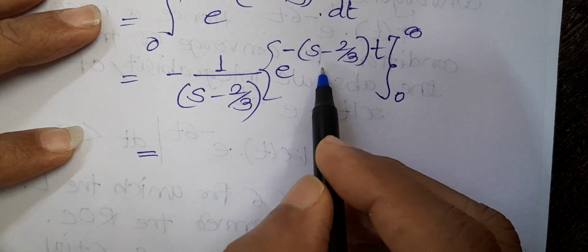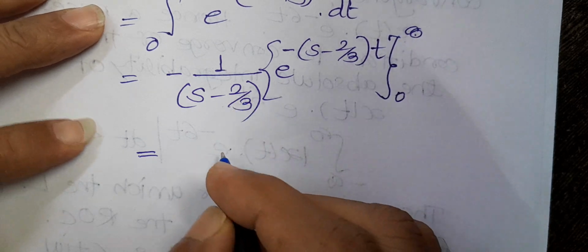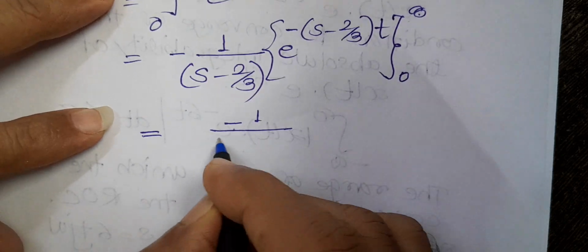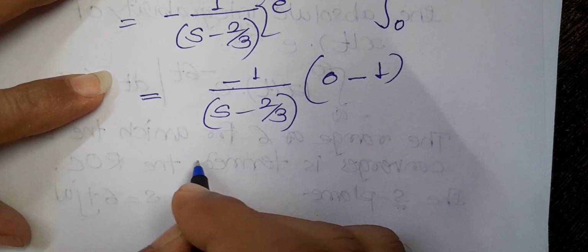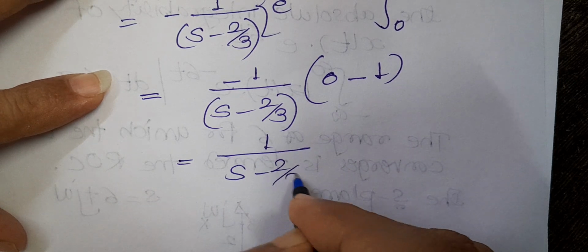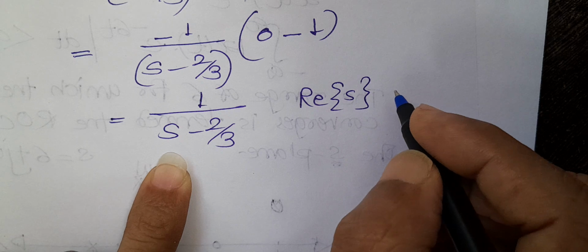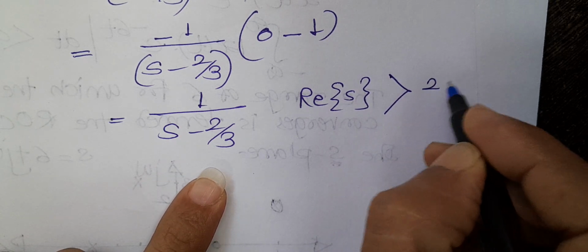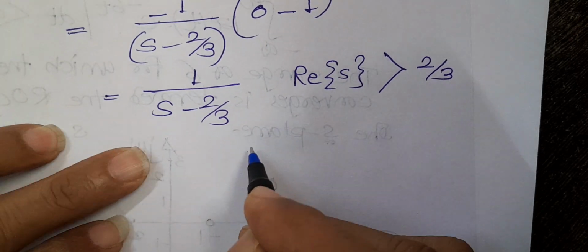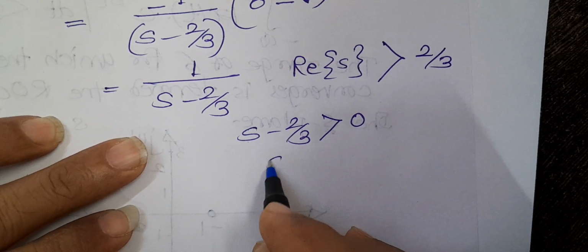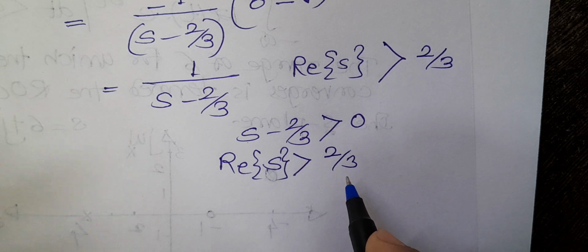This part goes to 0 as t approaches infinity, and therefore we get minus 1 over s minus 2 by 3 into 0 minus 1, so we get 1 over s minus 2 by 3, and the real part of s must be greater than 2 by 3.